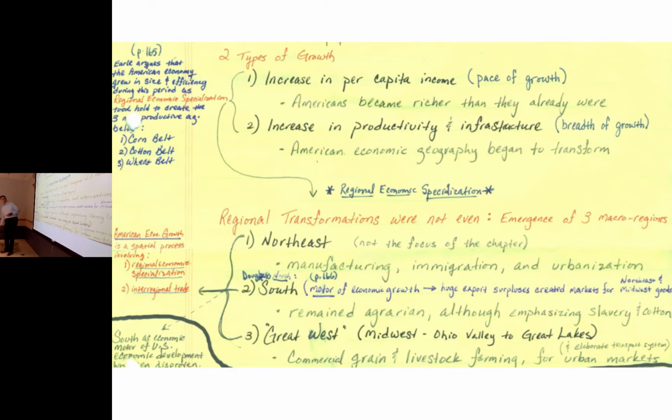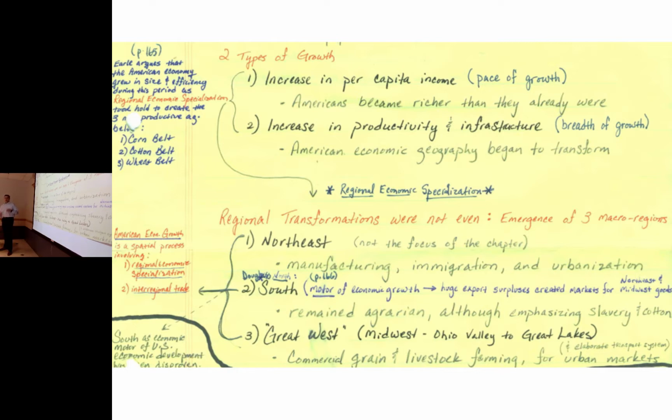Now, Earle refers to a couple of different types of economic growth. Number one, he says that economic growth can mean a rise or increase in per capita income. And in that sense, throughout this period, 1815 to 1860, most free Americans became wealthier than they had been in 1815.